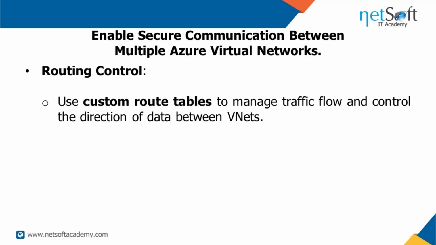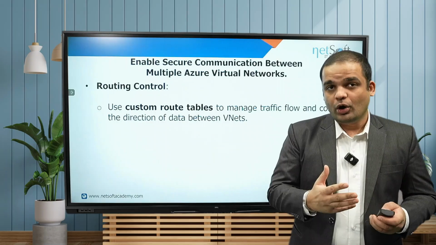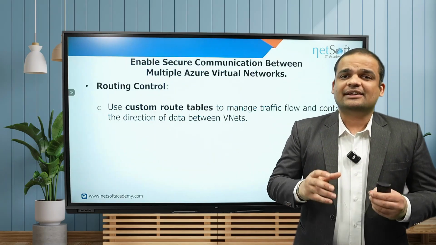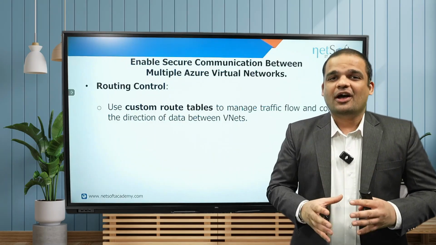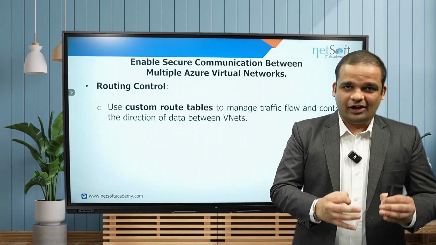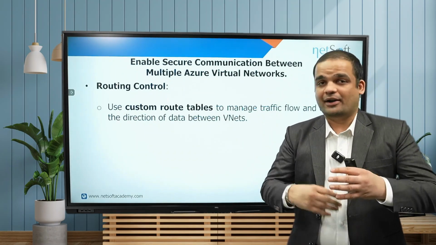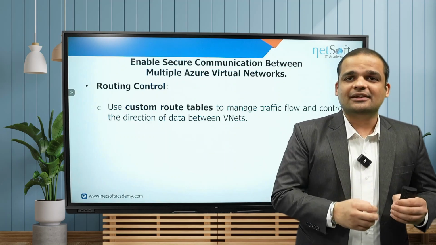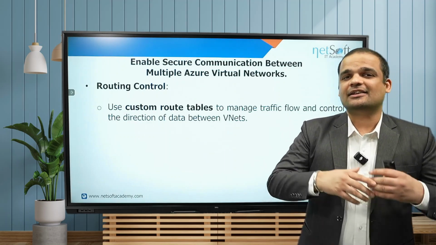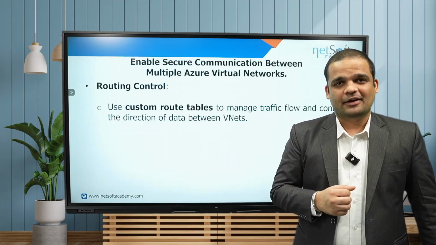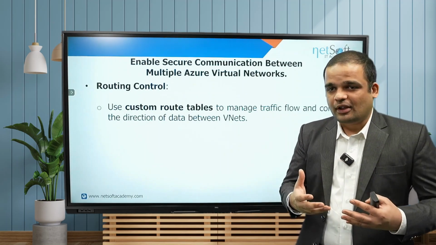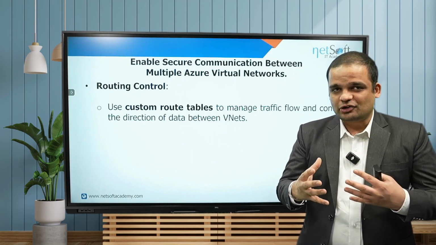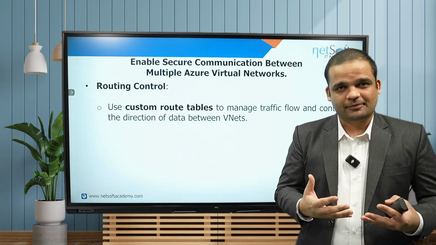Use custom routes, specifically defined in route tables, to manage and direct traffic flow between VNets. This gives you full control over how the data travels between networks, optimizing the flow and enhancing the security. So NSG, route table, and VNet peering actually complement each other a lot.